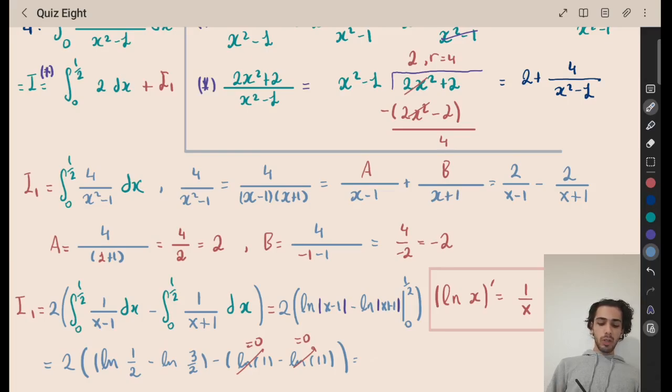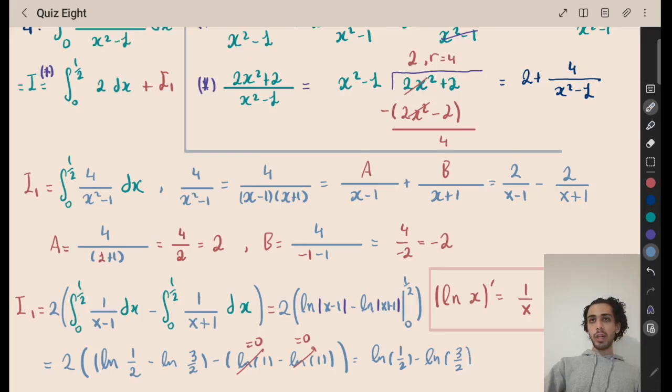And now there's a certain property with the ln, and that is if you have a difference of ln's, you can write it as a fraction. So ln of half minus ln of 3 over 2.